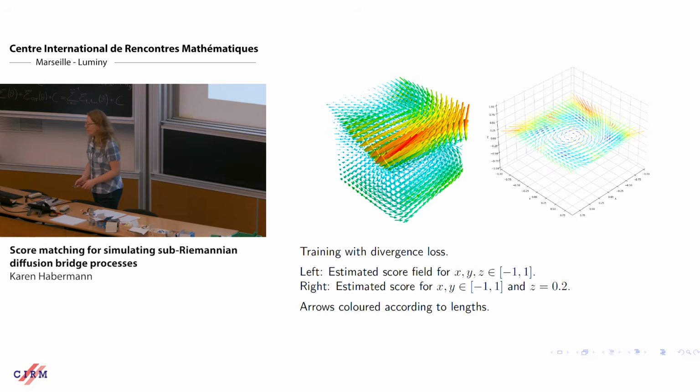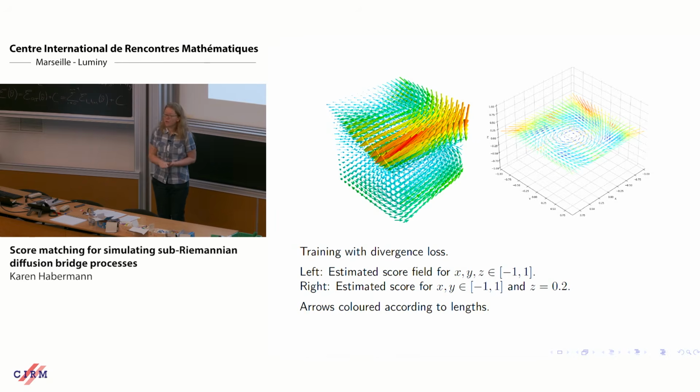Okay, and with these things, we can successfully simulate diffusion bridge processes. But before I show you pictures of these diffusion bridge processes, the whole machine learning comes into the game where we have to learn the score. And the score was this log derivative of the gradient.